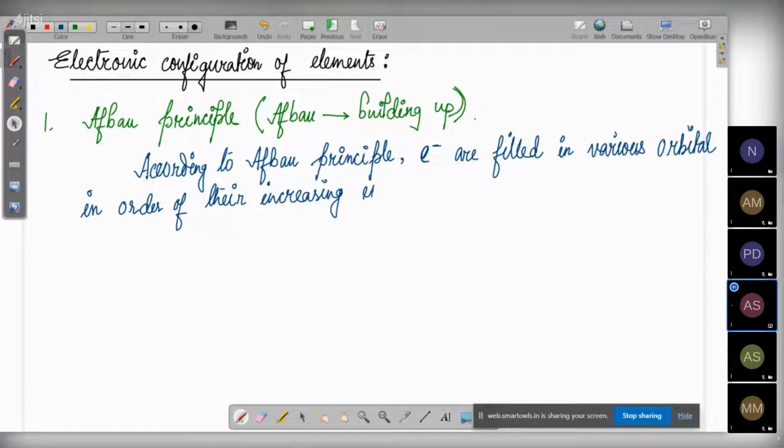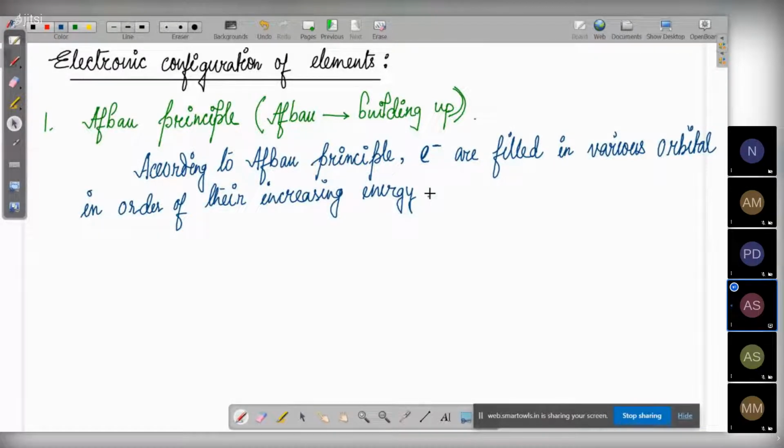That means electrons will be filled from lower energy to higher energy. First, the orbitals which have low energy, the electrons will get filled there first. Then the orbitals having higher energy will get the electrons.